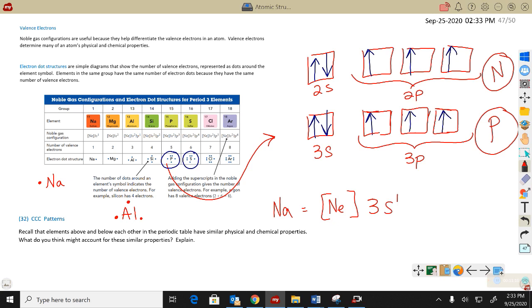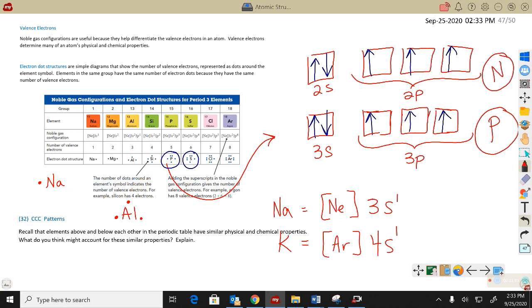What if I go one less? I'll go potassium, if I go down the group. So potassium, if I want to go back to the previous noble gas, it would now be argon. And then I would have 4s1. Rubidium would end 5s1. Cesium would end 6s1.